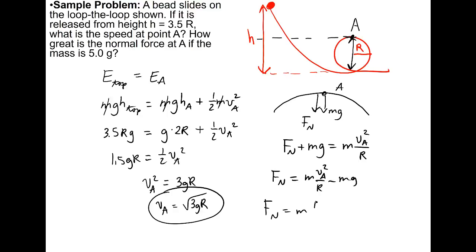Now v squared is actually just 3 g r. Divide that by r, and we've already factored out an m, so those r's nicely cancel. The normal force will be equal to 2 mg. You could plug in 2 and 0.005 kilograms, 9.8, and whatever that gives you, but it's going to be pretty small.